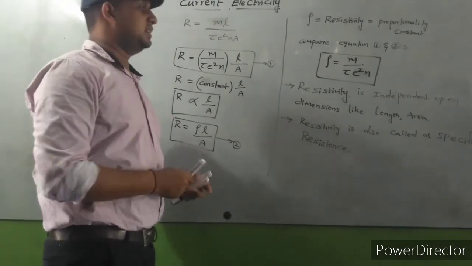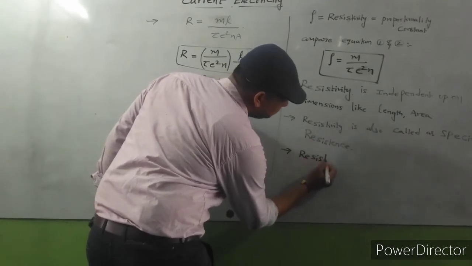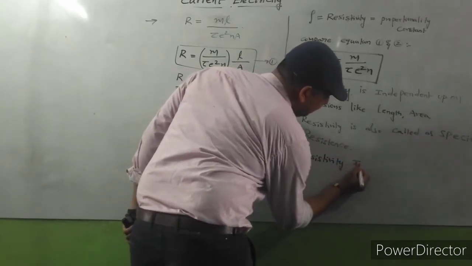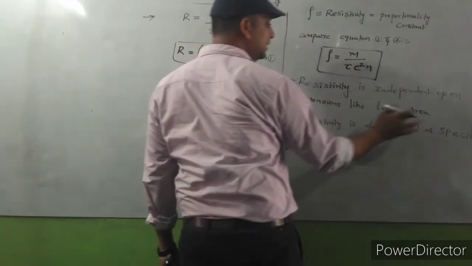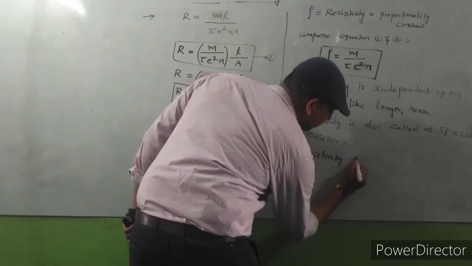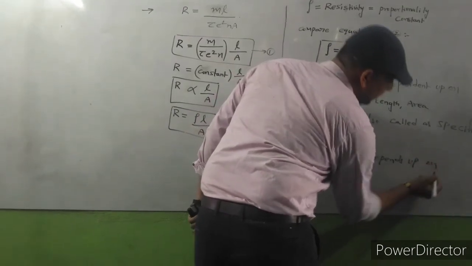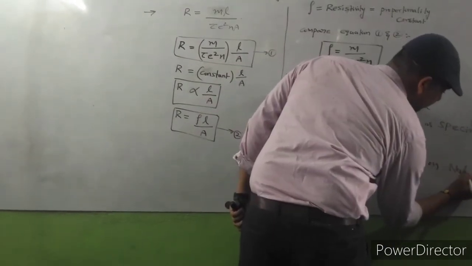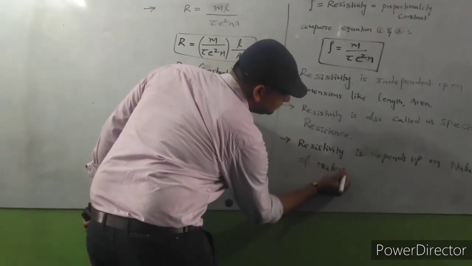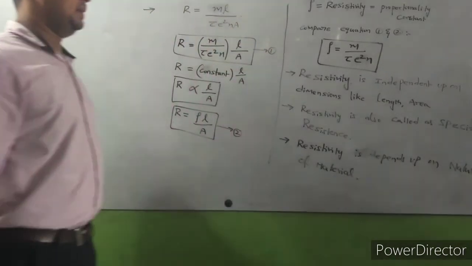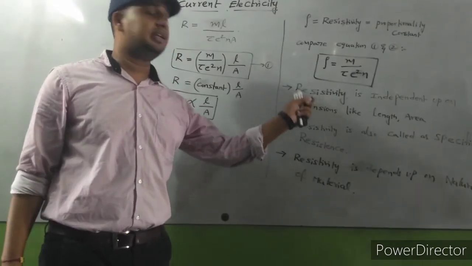Resistivity is independent of length and area. Resistivity depends upon the nature of material. Resistivity is independent of dimensions like length and area.